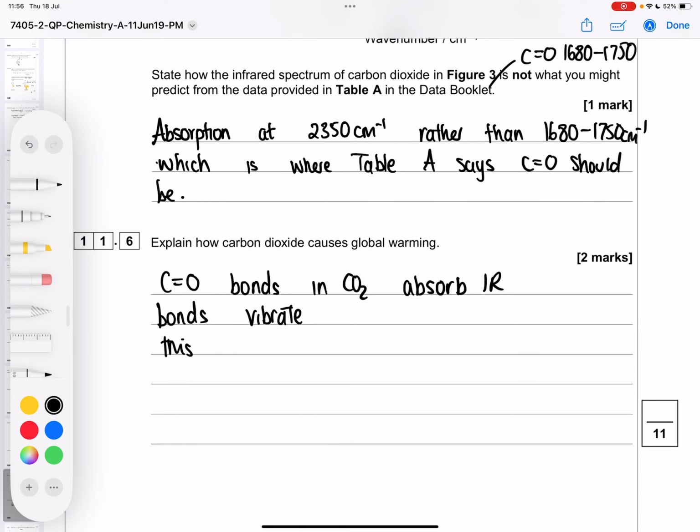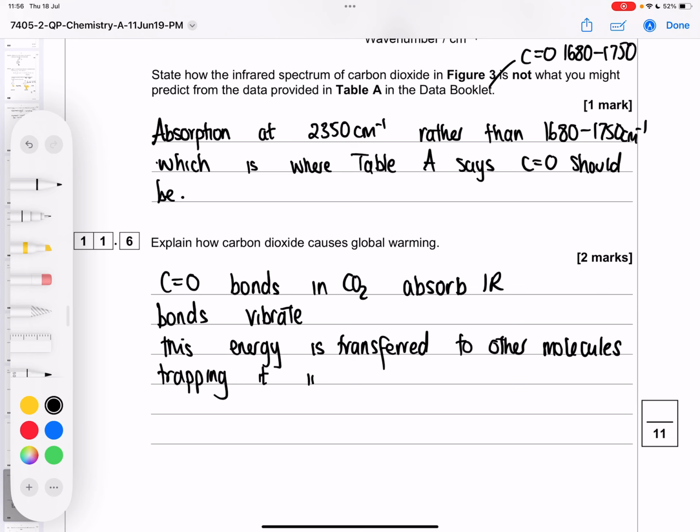And then this energy is transferred to other molecules, trapping it in the atmosphere.